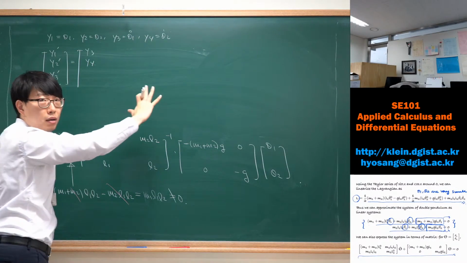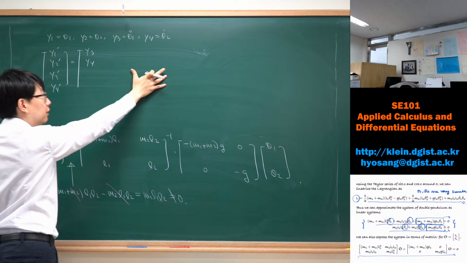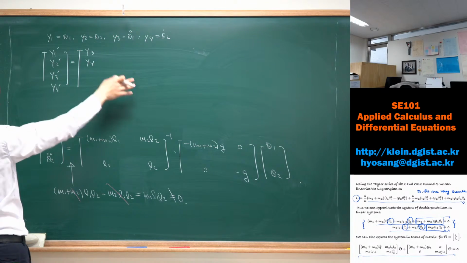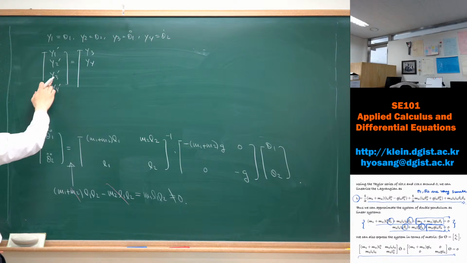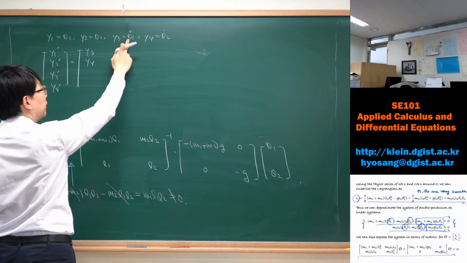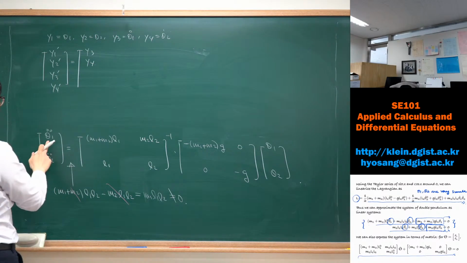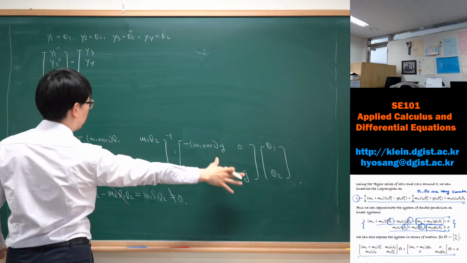I'm not going to write any derivative on the right hand side. Okay? I'm trying to write in terms of y1 to y4. How about y3 prime? y3 prime is zeta 1 double dot, which is given by this term.